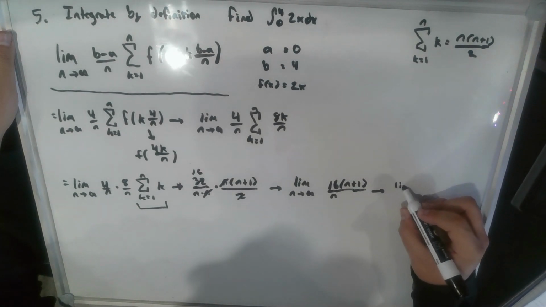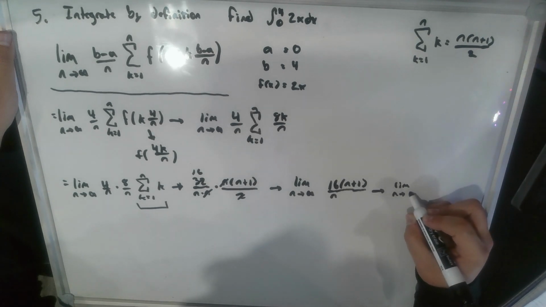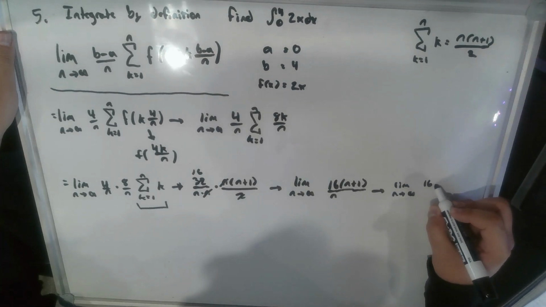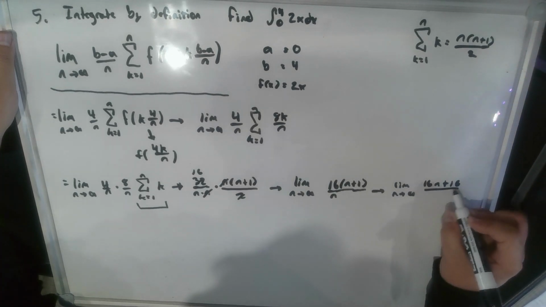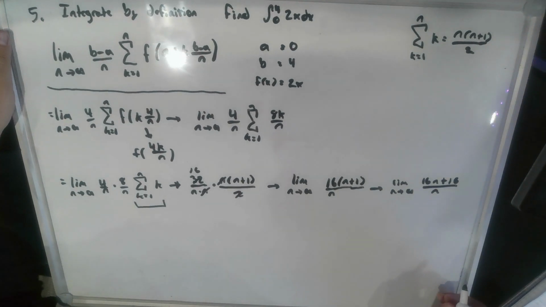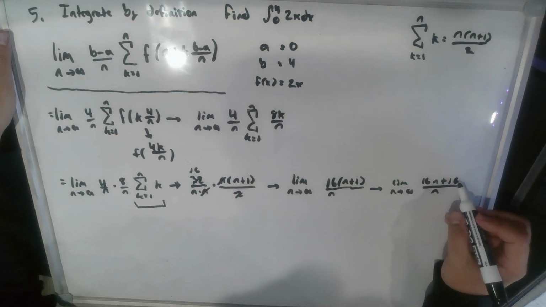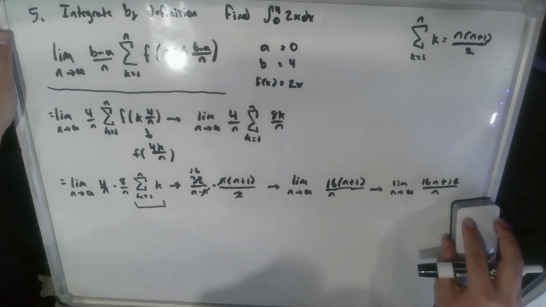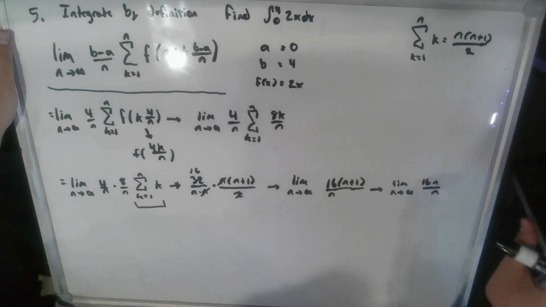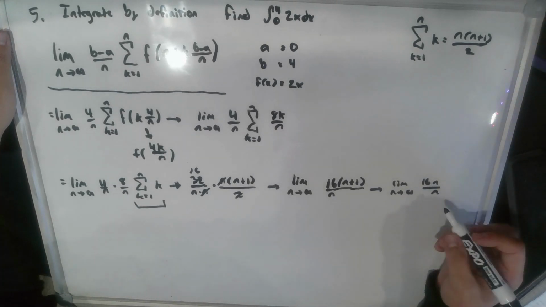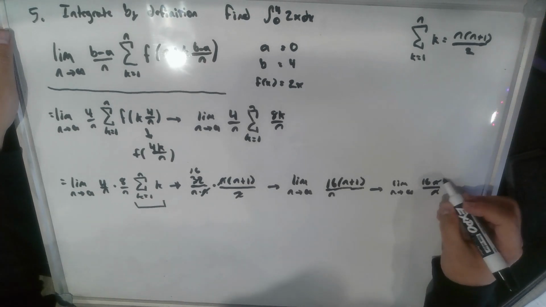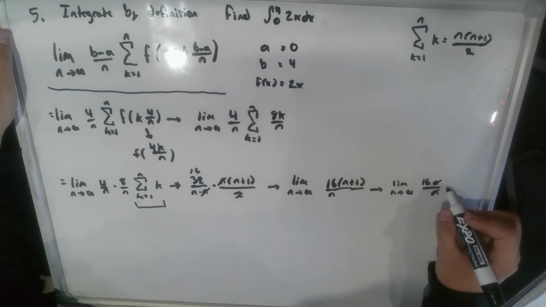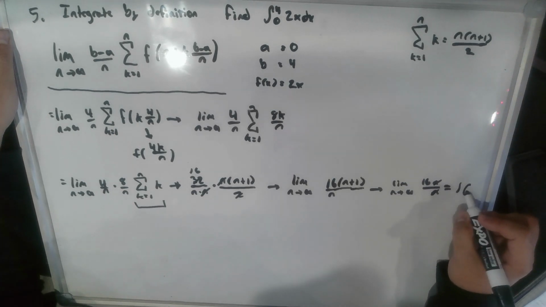Again, this can be distributed: the limit as n approaches infinity of (16n plus 16) over n. But since we're going to infinity, we only need to worry about the leading terms. So this 16 doesn't matter. Then it becomes the limit as n approaches infinity of 16n over n. These n's cancel out, and this just becomes a constant. So the limit as n approaches infinity of 16 just equals 16.